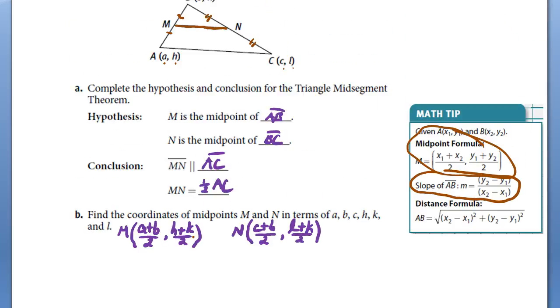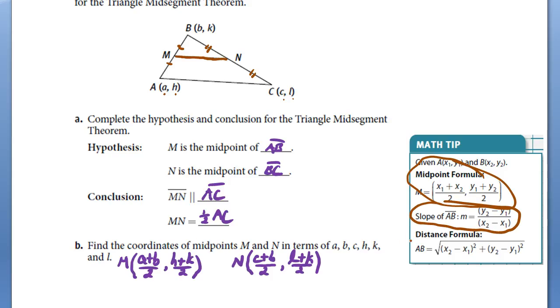Question E, find length AC and length MN. To find lengths, you use the distance formula. Over here in the green box, does that distance formula look familiar? You have a large square root symbol and then you subtract the x's squared plus subtract the y's squared. Again, what you're putting into these positions are variables from that drawing instead of numbers.